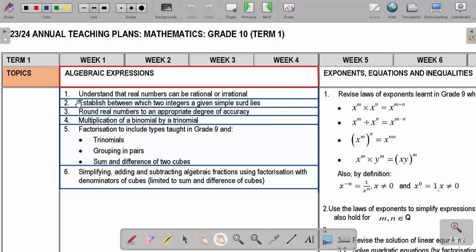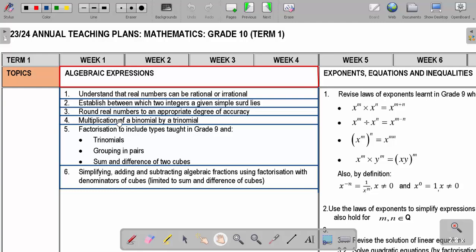Now, by the end of these 2 videos, you must be able to understand that real numbers can be rational or irrational. Also, establish between which 2 integers a given simple surd lies, and then also round the real numbers to an appropriate degree of accuracy.